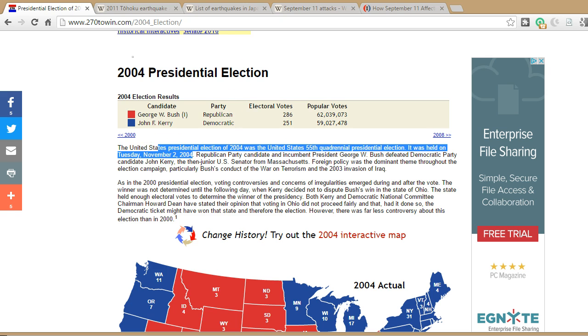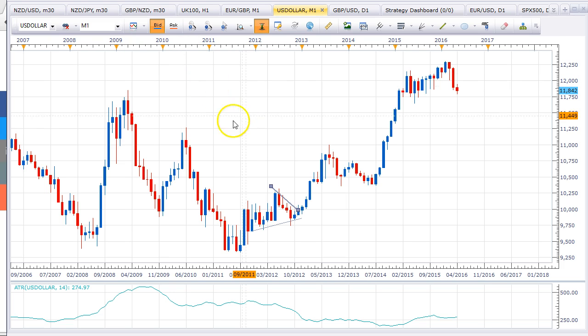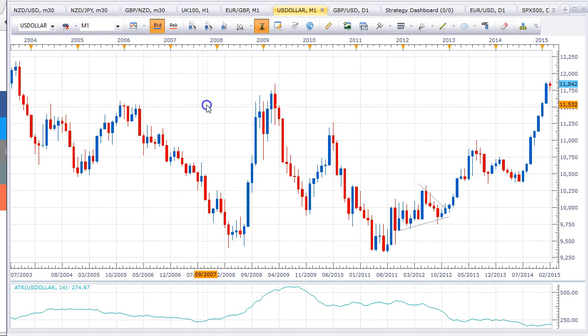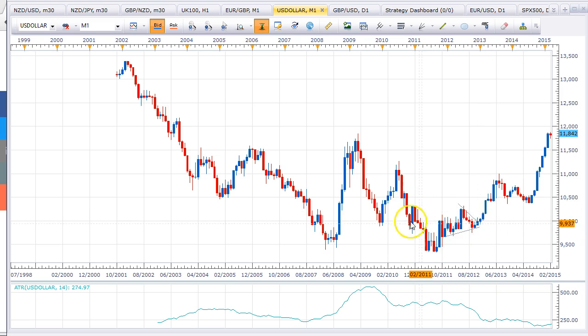So 2004. Let's go back here and find 2004. Let's keep this small so we can see this, which was Obama's re-election, just recent, and 2004 November, the re-election. Again, we're comparing re-election versus re-election of the same president.